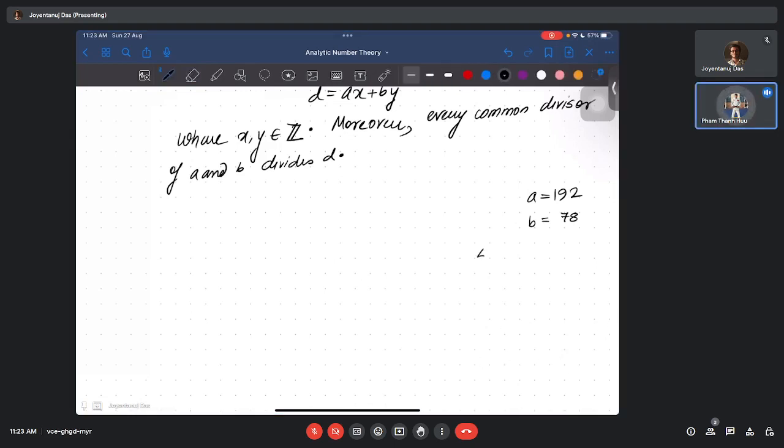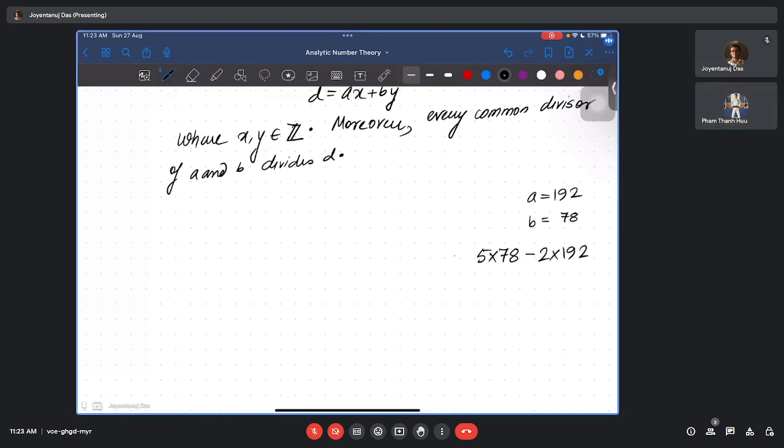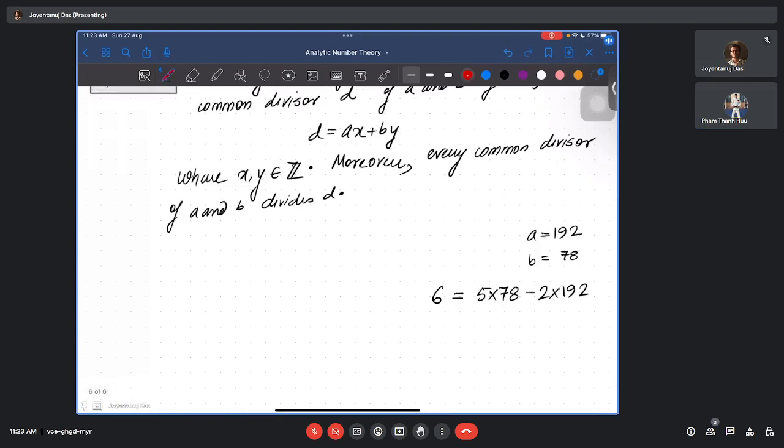We find the greatest common divisor. So this equals 6, right? Here this is my b and this is my a, and you can rename them, that is fine.